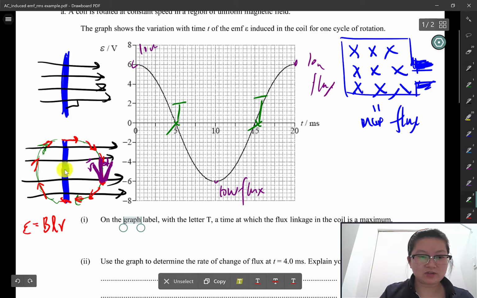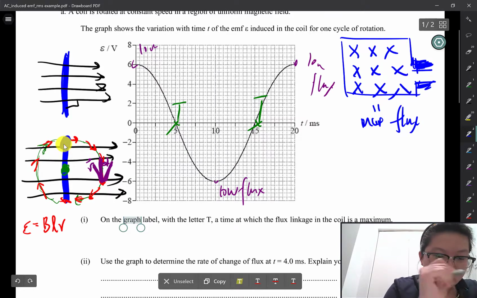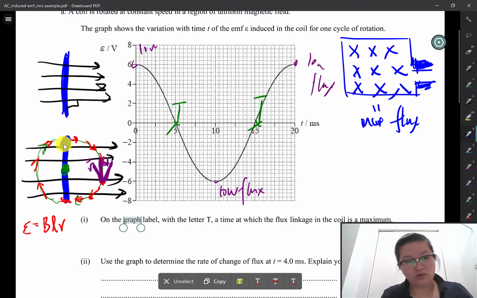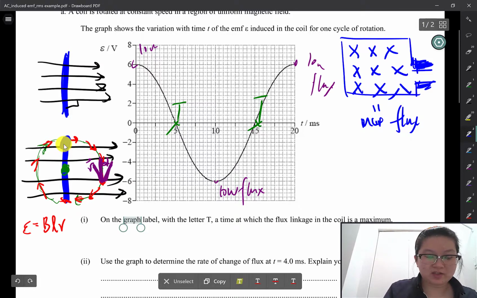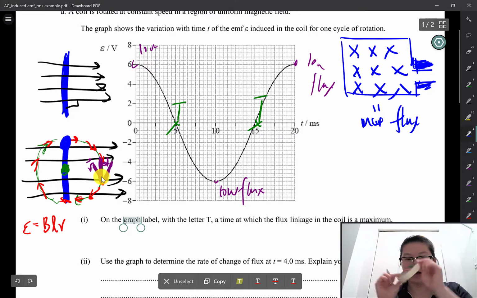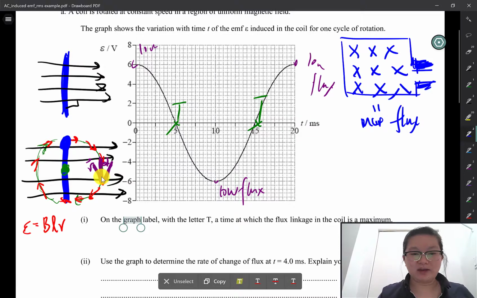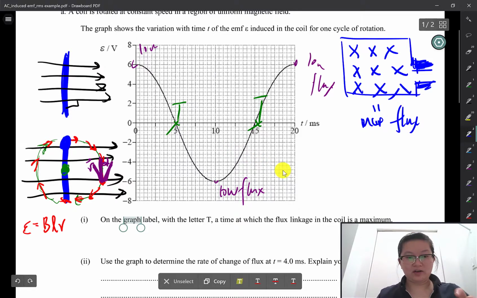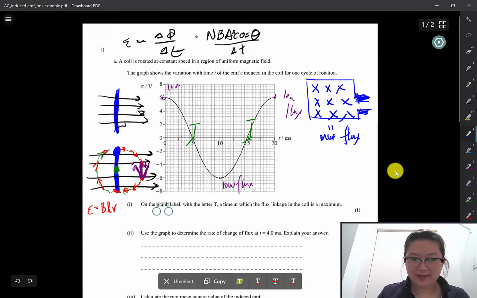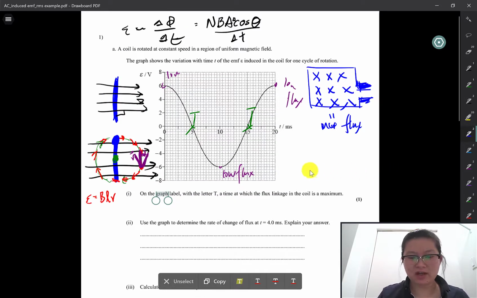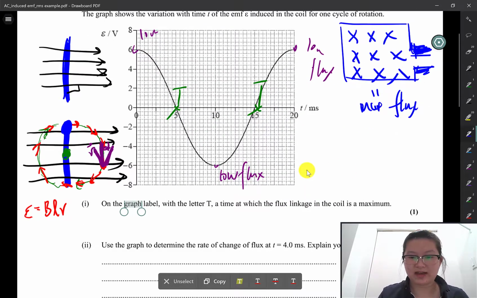But essentially, I'm just using this bar of coil that's going into the page, and as that's sweeping through, the maximum EMF generated is when this velocity is perpendicular to the field, when the coil is parallel, not when it's perpendicular for max flux linkage, which is why when the EMF is the smallest, that's when the change in the flux is the lowest, either at 5 or 15 milliseconds. Okay, long explanation. So, yes, it is much easier with the equation to explain it, but hopefully that also helps.